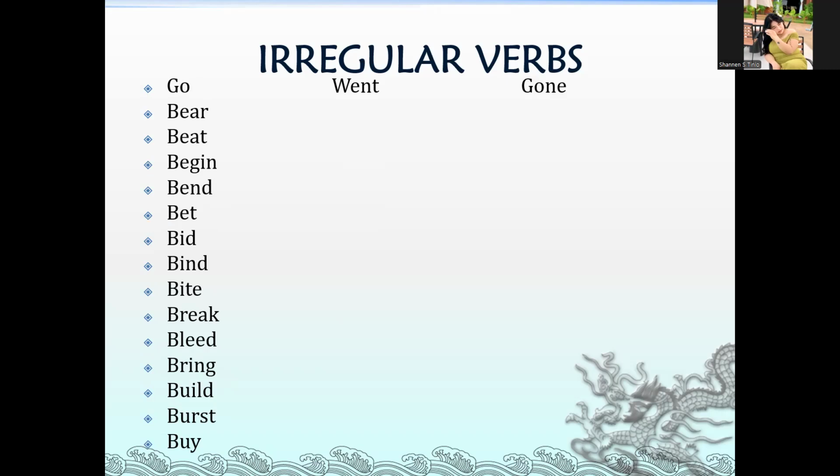Hindi yung bear na noun na animal. Bear as in, I can't bear it anymore. Right? Hindi ko na matiis, gano'n. Beat, begin, bend, bet, bid. Okay, so, for example, begin. Ano yung past tense ng begin? Began. And past participle, begun.